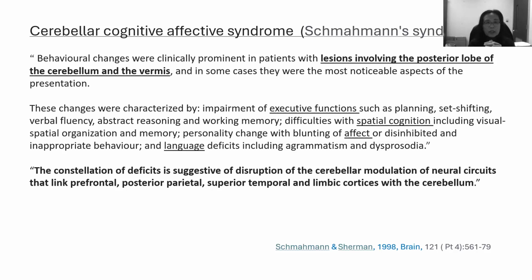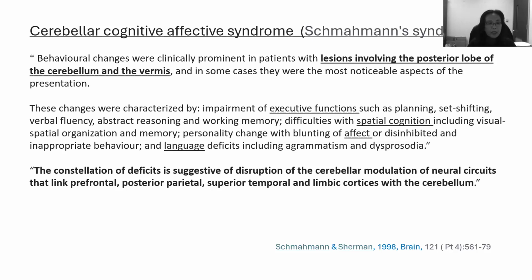These include impairment in the executive functions, such as planning, and in the spatial cognition, including the visual spatial organization and memory. They also have deficits in affect regulation, such as inappropriate behavior and personality change, as well as linguistic processing deficits.